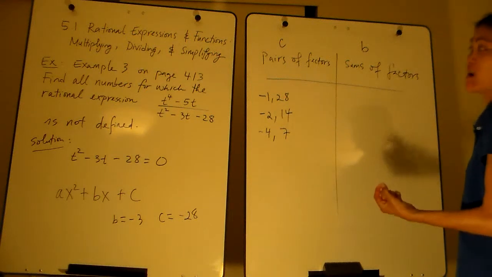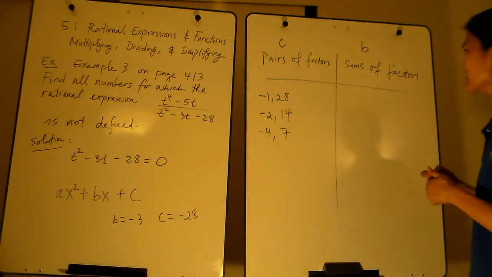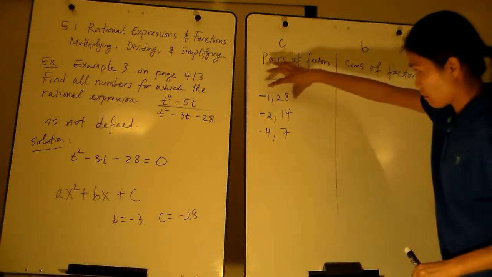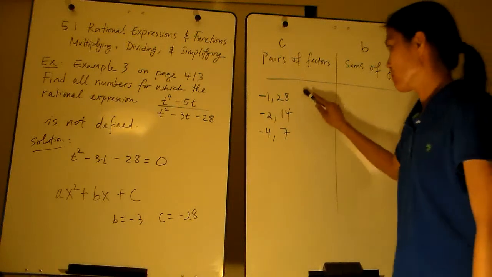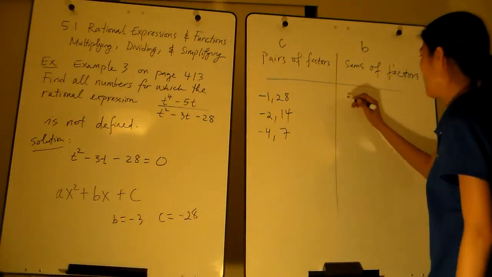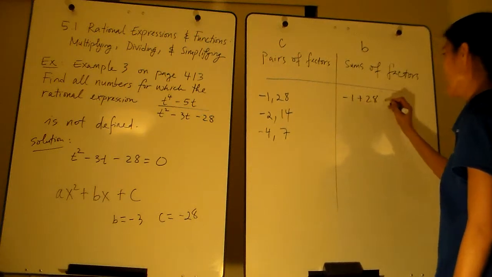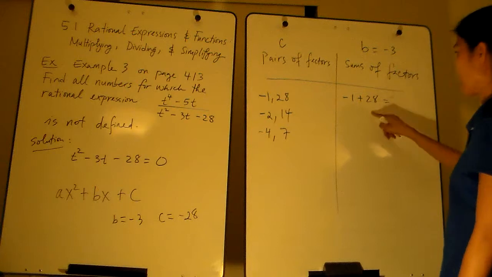It must have opposite signs because c is a negative value. Now let's see the sum of these two factors to see if it's possible to make b. So let's add minus 1 plus 28. Is it equal to b, which is negative 3, okay?